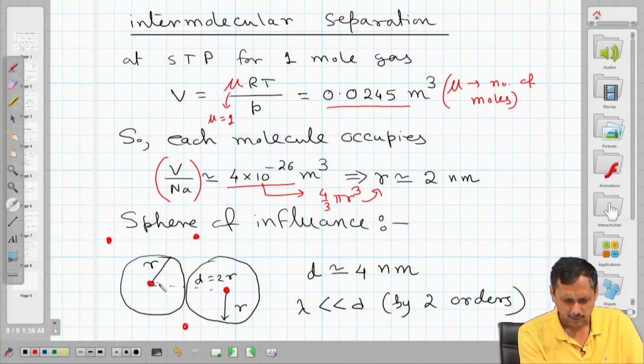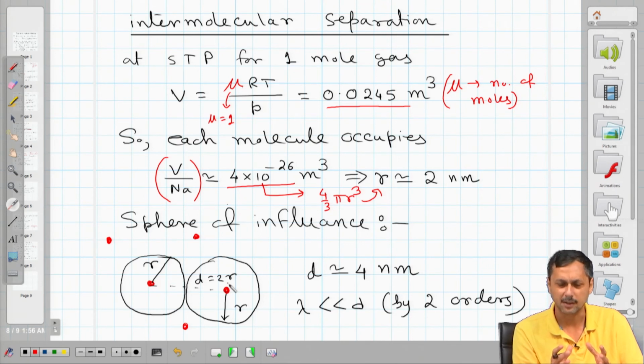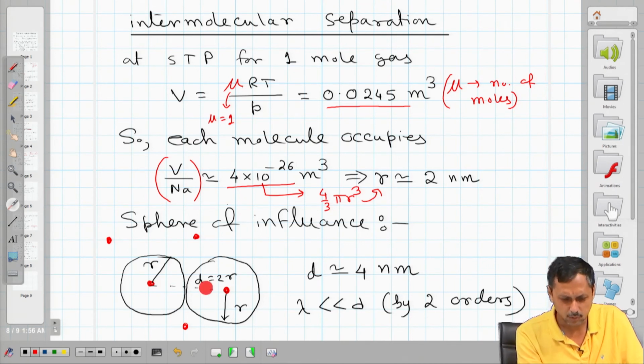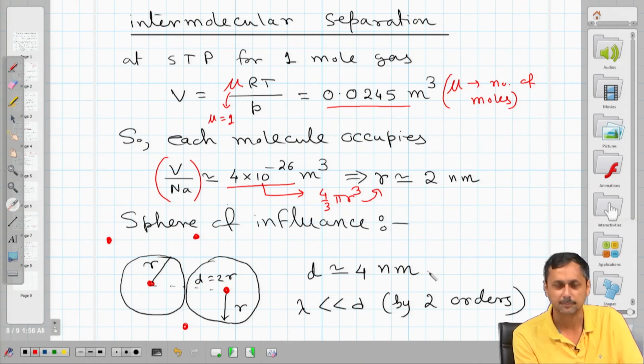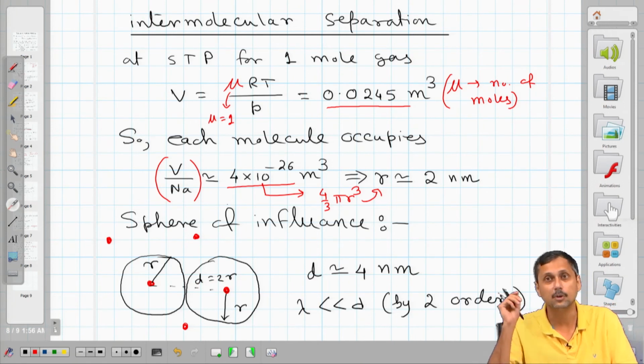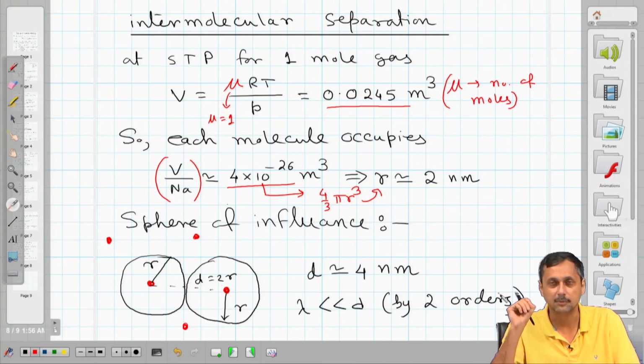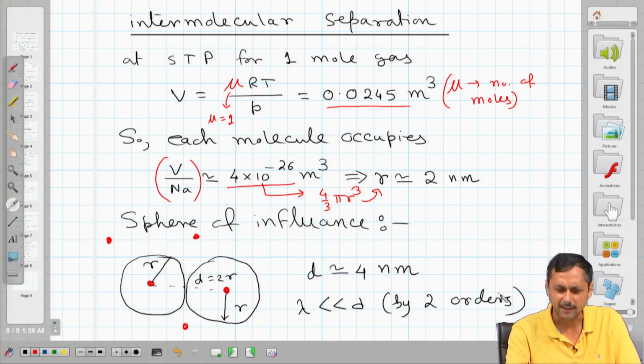So, the closest the centers or basically the point masses can come together, this d is equal to 2 times r, which is given by 4 nanometer. Please remember what is the molecular diameter typically? The typical molecular diameter is at least 1 order of magnitude less than this.